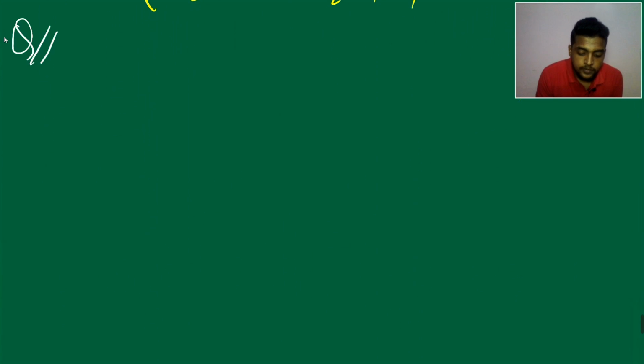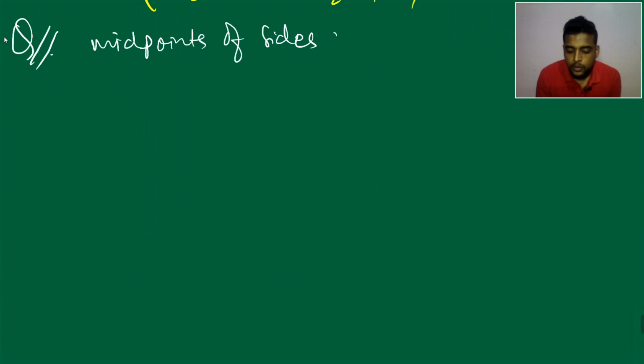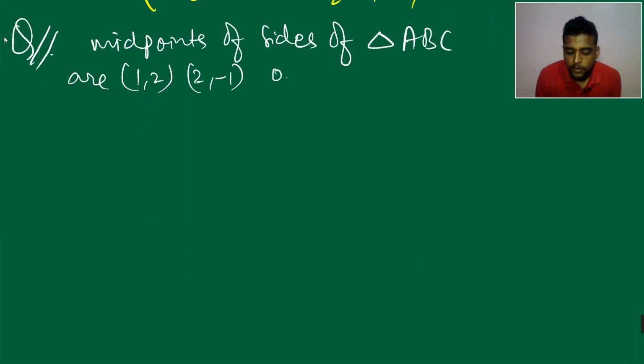Suppose the midpoints of the sides of triangle ABC are (1, 2), (2, −1), and (0, −1).